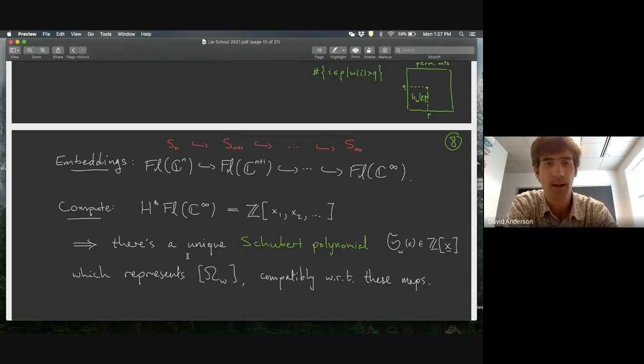This implies that there is some unique Schubert polynomial in this polynomial ring in infinitely many variables, which represents every Schubert class compatibly with respect to these maps. And I'll show you again what that means. So there's this notion of stability, which I'll revisit a little bit later.